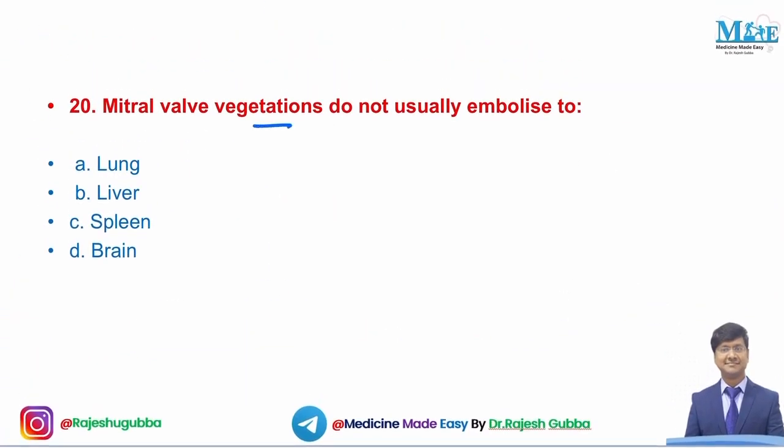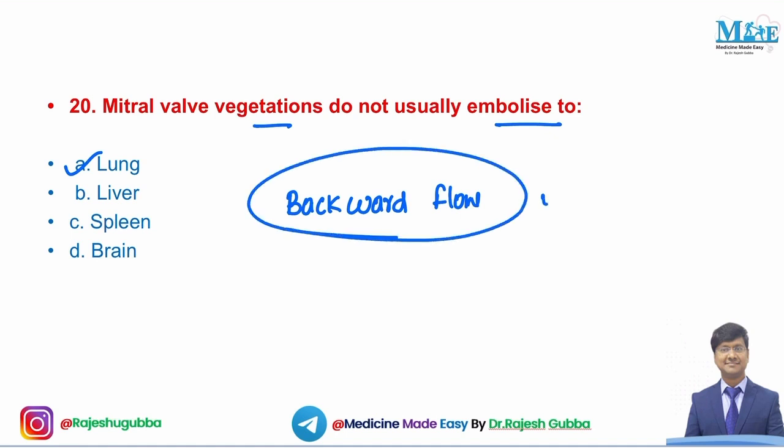Mitral valve vegetations do not usually embolize to: lung, liver, spleen, brain. Mitral valve vegetations do not usually embolize to the lung. In order to have embolization into the lung, there should be backward flow of blood. In infective endocarditis you don't have a backward flow; you have forward flow, from the heart into the aorta and on to the organs.